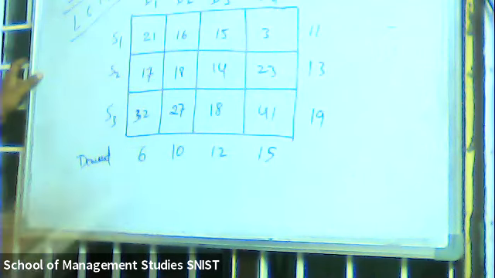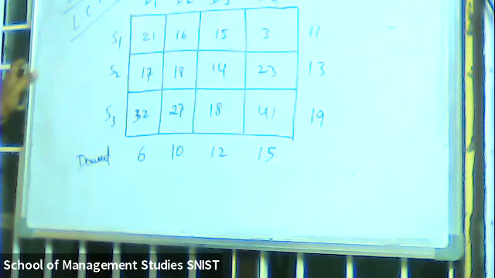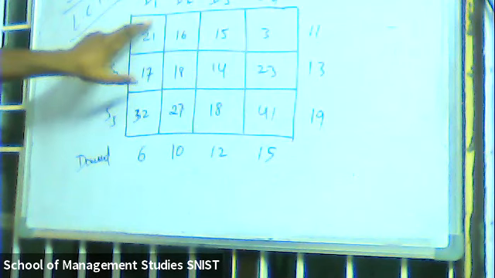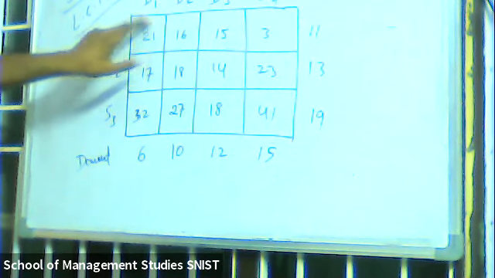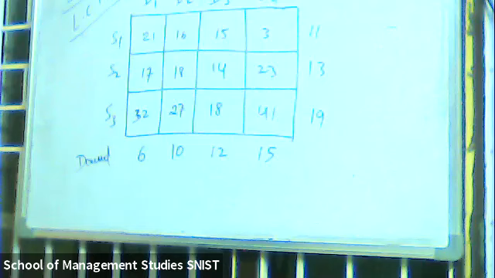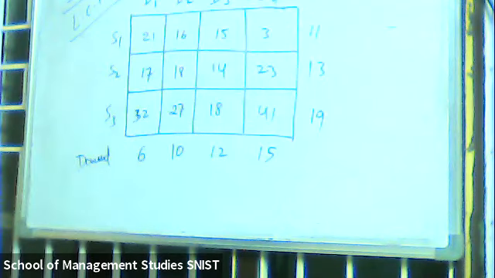In the northwest corner method, we blindly started from x11 and closed from there. But in the least cost method, you have to find the minimum value in the matrix, in the table. Which one is the least value? 3. 3 is the least value.